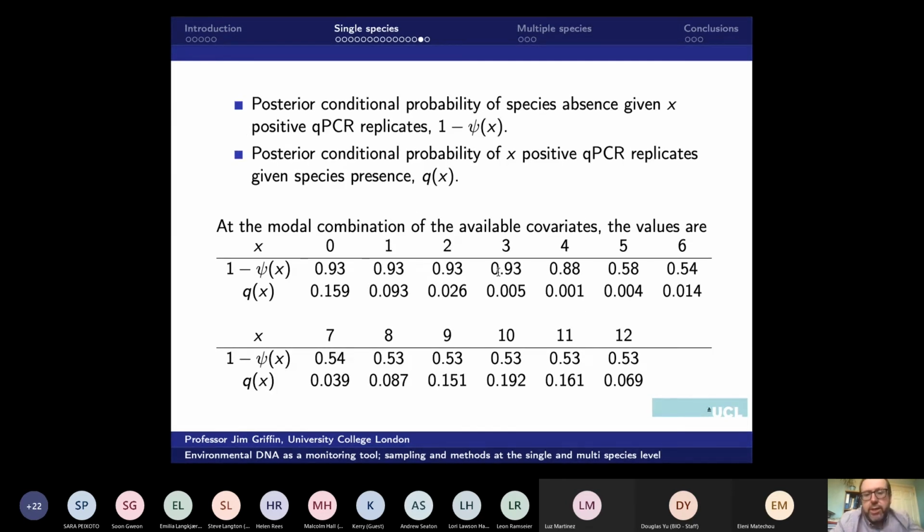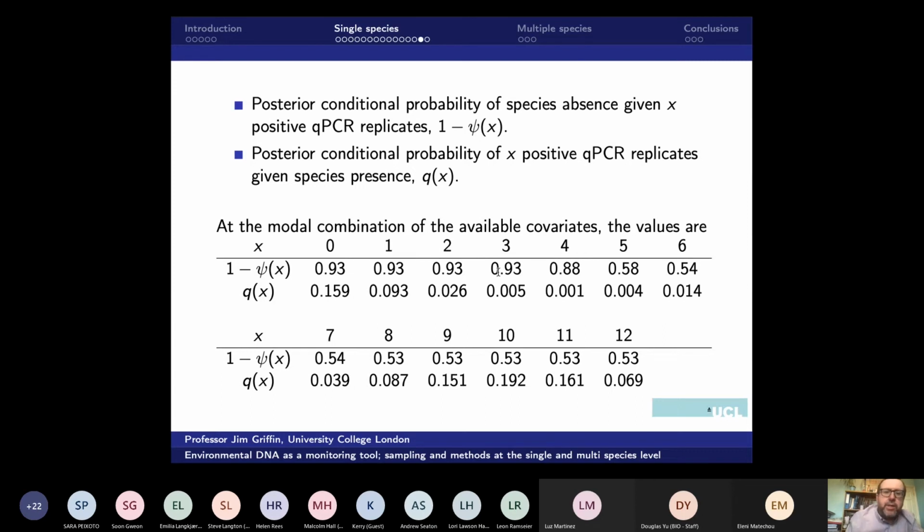We also looked at the effects of these estimates in terms of the number of samples that might be needed to detect species presence. So we have two sets of numbers here. So 1 minus ψx, that's the conditional probability of species absence given x positive qPCR replicates.